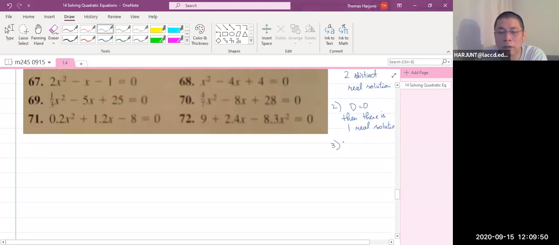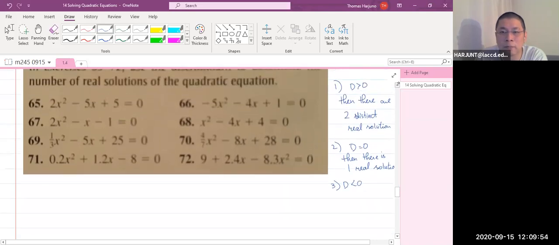Third, if the discriminant is negative, then there are two non-real complex solutions.